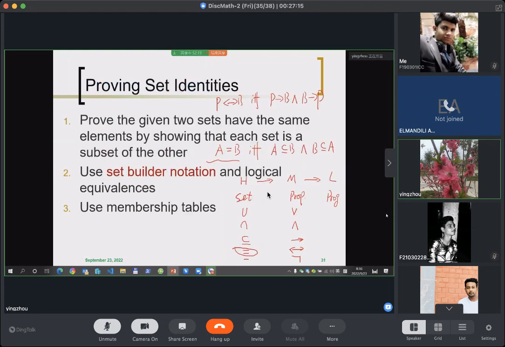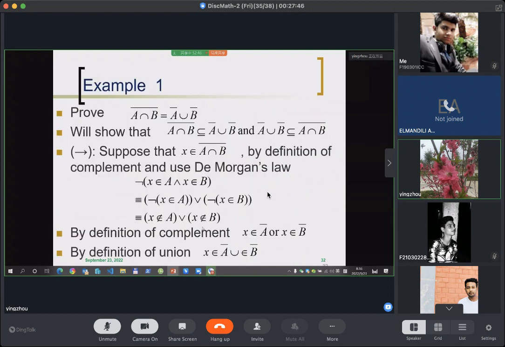The first is to translate A equal to B into the subset. The second way uses the set builder notation and the logical equivalence. And the third way is when we translate the logical expression into the logical truth table, so it refers to the membership table. Membership table, just showing you about that.